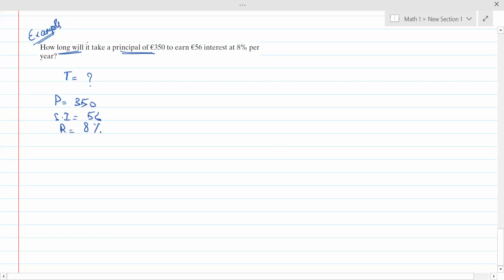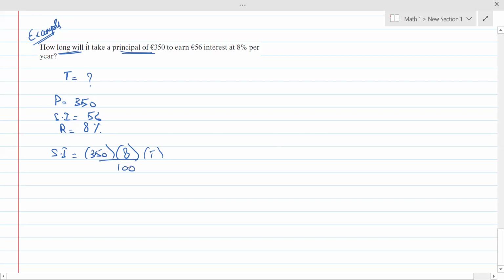So since simple interest is given, we have to start with the simple interest formula only. Simple interest is equal to P, the principal, which is 350, R, the rate, which is 8, and time, which is unknown, upon 100.